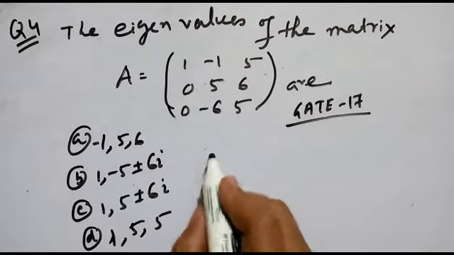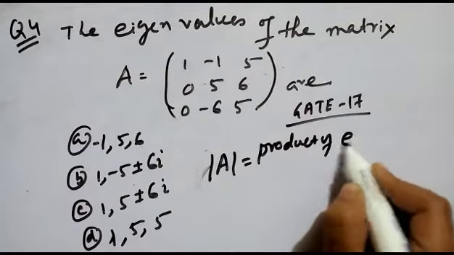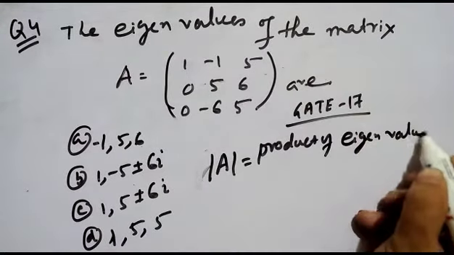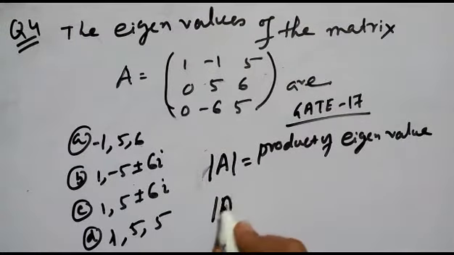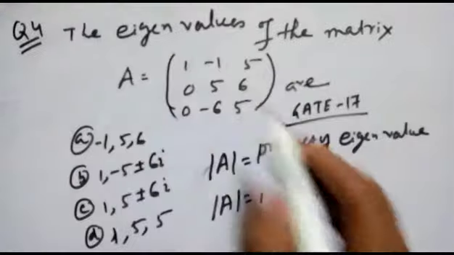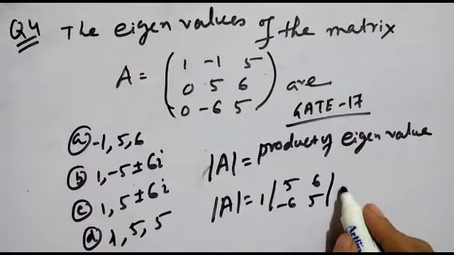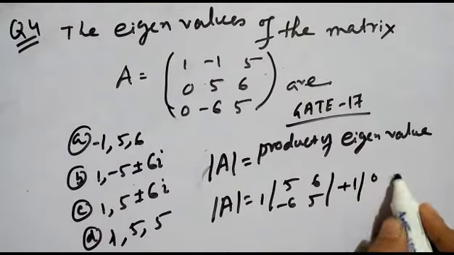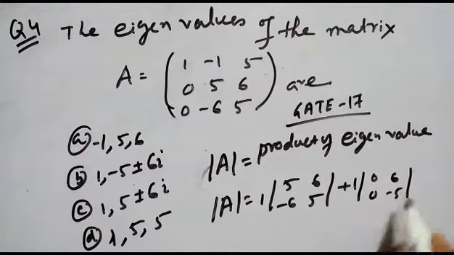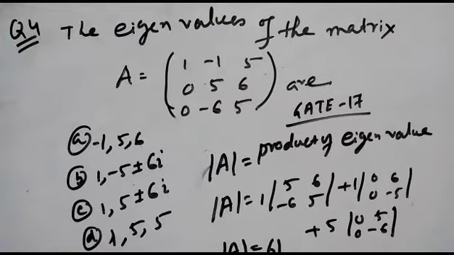the determinant of the matrix, that means determinant of A, equals the product of the eigenvalues. Clear? If we find the determinant of A by the normal process, we consider 1 times (5 into 5 minus 6 into minus 6), then minus 1 times (0 into 5 minus 6 into 0), and then 5 times (0 into minus 6 minus 5 into 0), and the determinant of A gives us the value of 61.